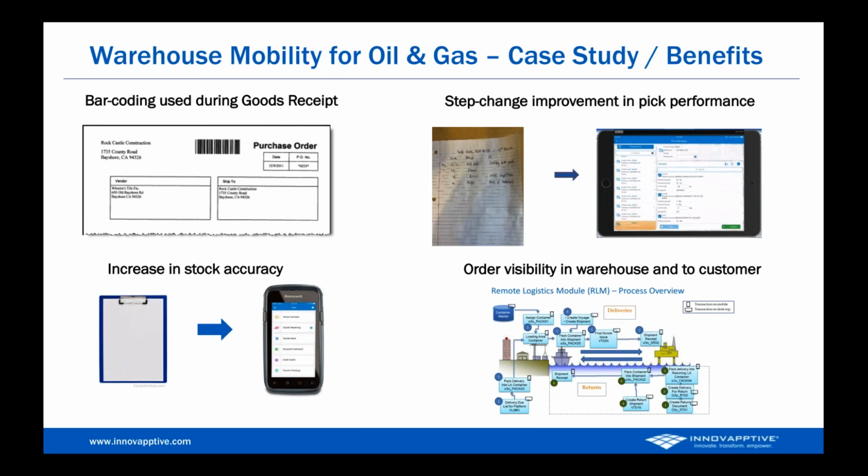We introduced the remote logistics module of SAP, and we put that all onto a mobile. That involved capturing what materials get packed into individual containers, scanning that, and then making sure we knew which containers went into which shipment, onto which vessel. That gave visibility of the whole end-to-end supply chain from leaving the onshore warehouse to goods receipt on the platform. So that was a big improvement in the supply chain.